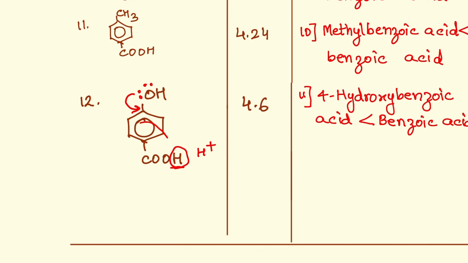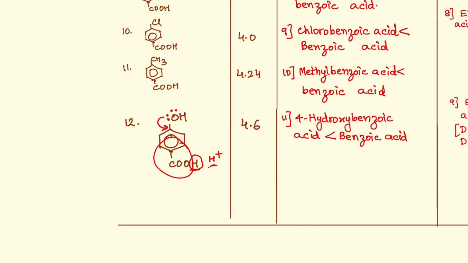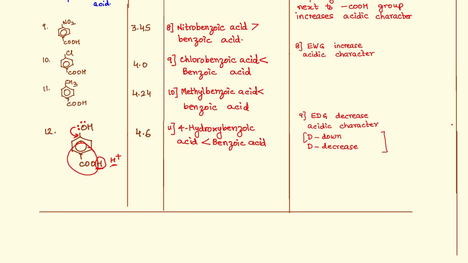If this ring is rich in electrons, the proton will find it difficult to get away from the ring, and that is why we had jotted down the generalization: electron withdrawing groups increase acidic character, whereas electron donating groups decrease the acidic character.